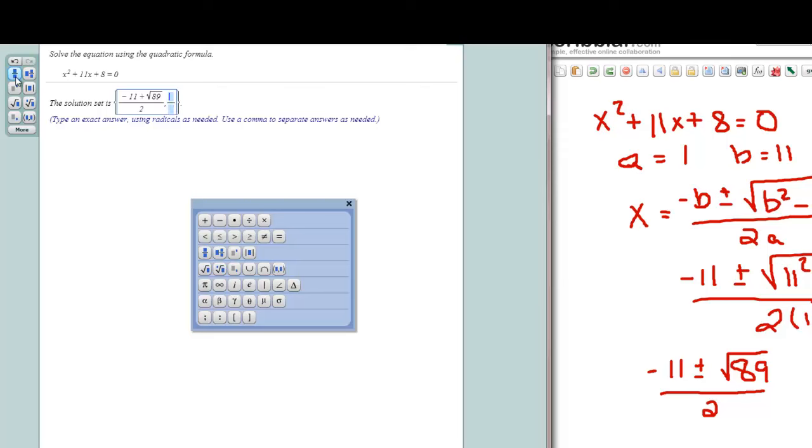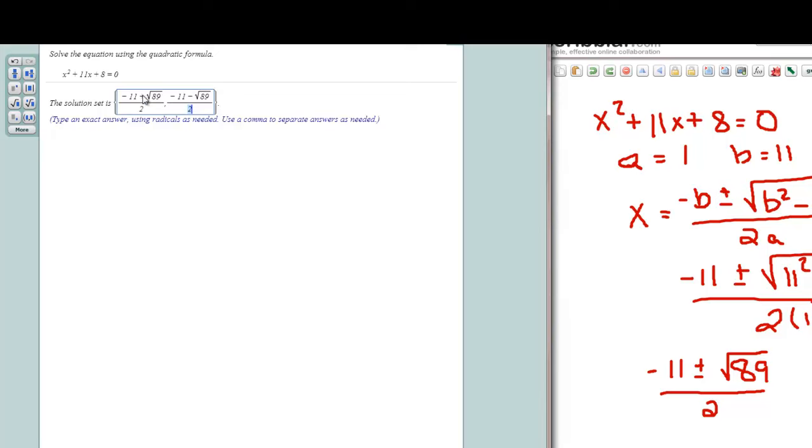And then we have negative 11 again, and this time it's minus, and then square root 89, and that's over 2. All right, so we have the answers there, separated by a comma, and these are exact values using the radicals as needed. So that's solving that quadratic equation.